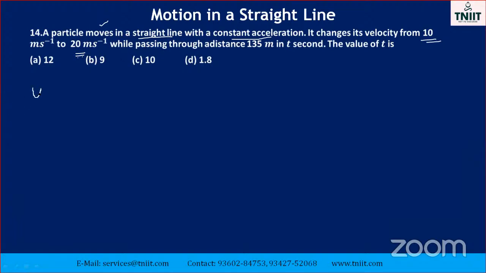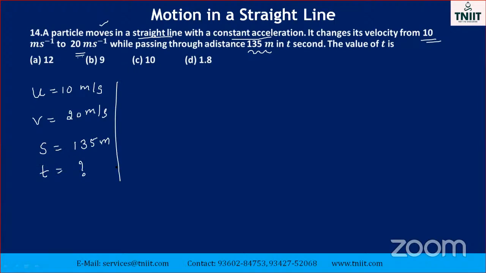So what is the initial velocity, students? Initial velocity is 10 meter per second. What about the final velocity? 20 meter per second, after traveling a distance of 135 meter in a time of t seconds. They are expecting you to find t.